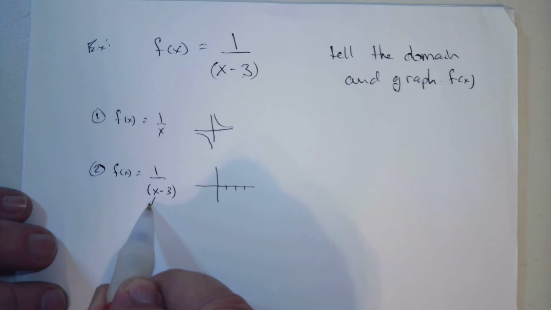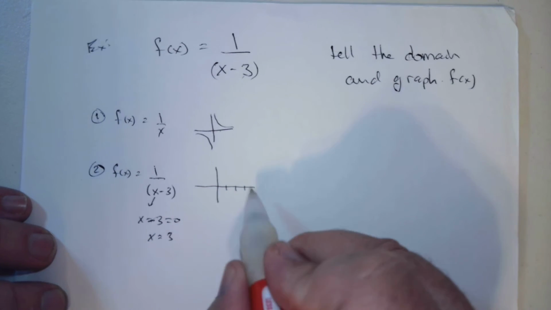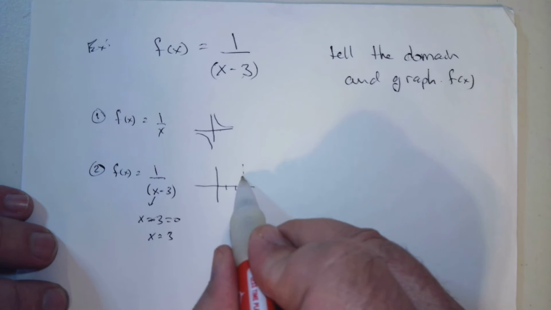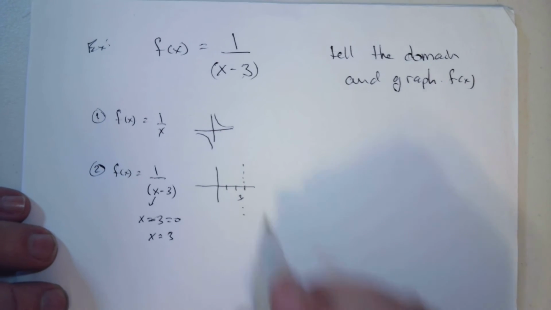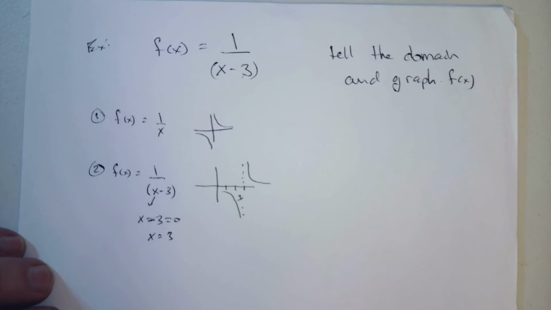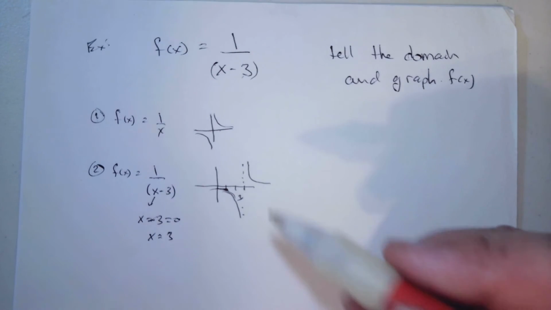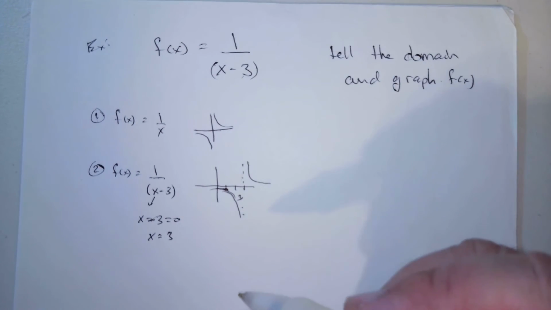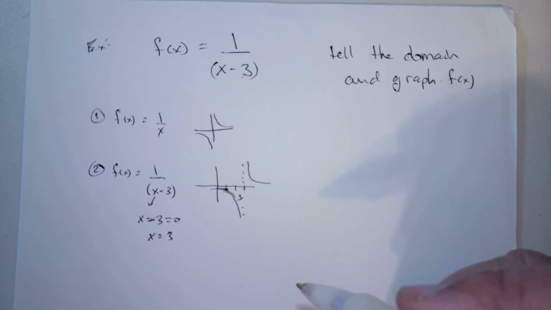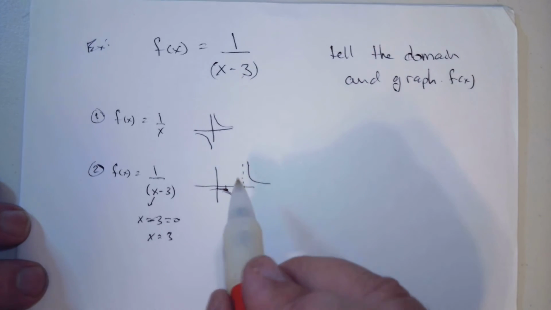If we took the bottom, set it equal to 0, we get x equals 3. So that's our new asymptote. The graph looks the same. That's a new vertical asymptote. So this is exactly what we looked at.